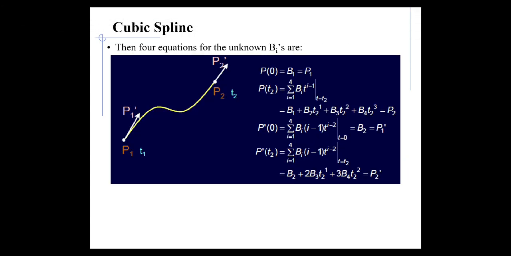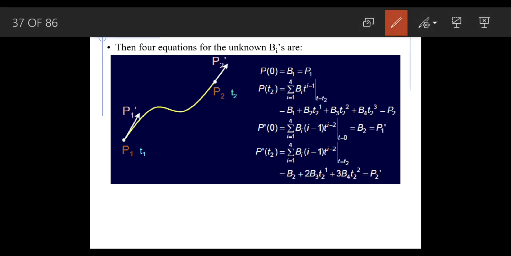Now we write this for all 4 equations for 4 points in detail. So first, p naught means t1 is equal to 0. For that it is equal to p1, or first position, that is b1. Next p2. So p2 means this point we are going to derive.